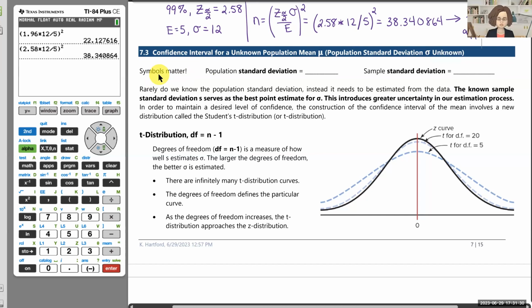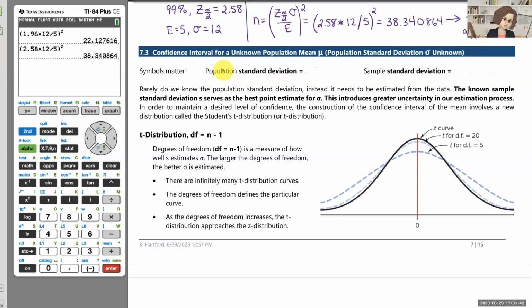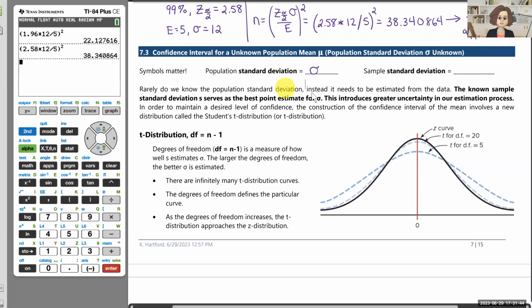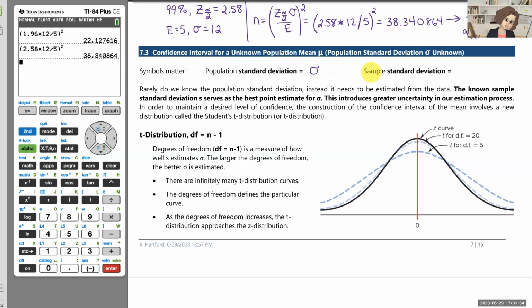So we have to be really careful when we read questions. When we see standard deviation, it doesn't necessarily mean it's sigma. So sigma is only the symbol if it's population standard deviation. If we don't know sigma, the best we can do is rely on the information we get from our sample. So the sample standard deviation, it's been a while since we've seen this, but this is lowercase s.